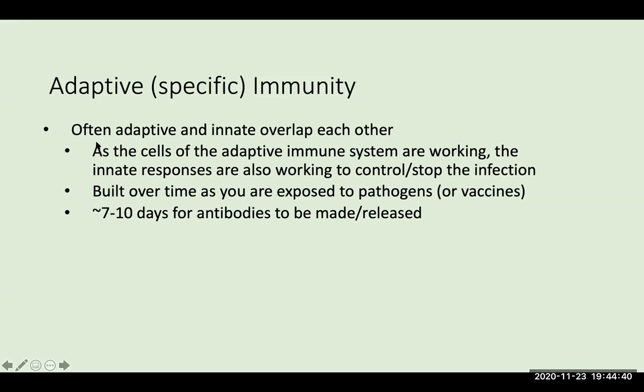So often the adaptive and the innate immune systems are working together. They're working simultaneously as well, right? So sometimes we don't see the effects of the adaptive immune system for 7 to 10 days, while the innate is working.